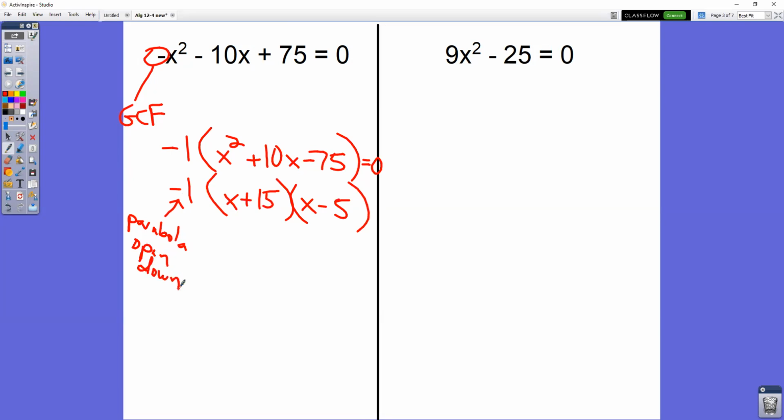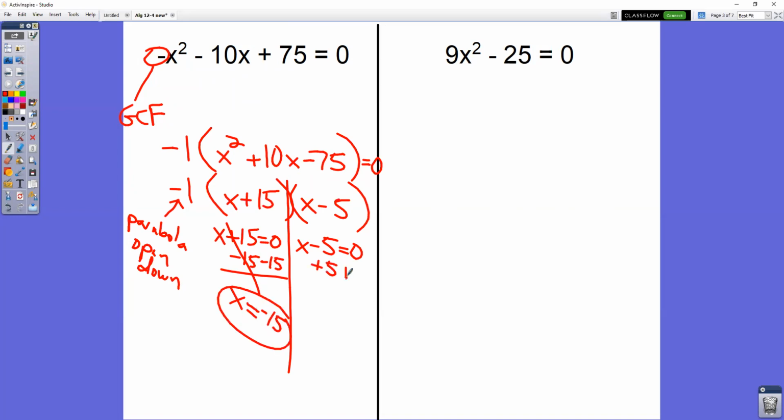If we think back to last chapter, that -1 out in front is going to make the parabola open downward. So again, all we're going to do is draw the line down the middle, set both sides equal to 0, and solve those. So x plus 15 equals 0, subtract 15, so x equals -15.